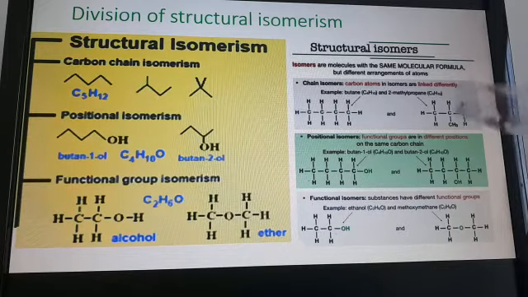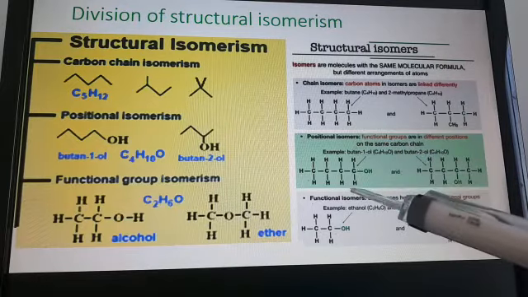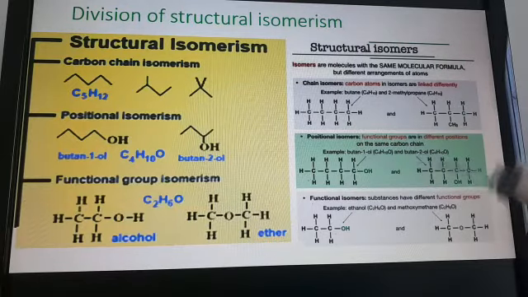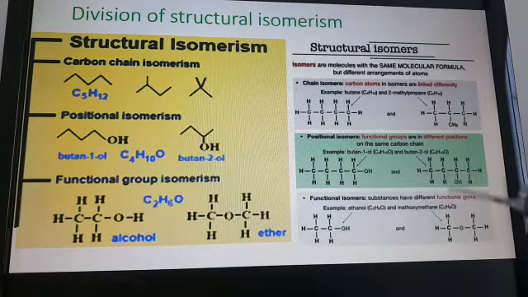And the next one is positional isomerism. This is often included under the general umbrella of structural isomerism. They have the same carbon backbone, but the position of their functional groups is different. See, here butan-1-ol and here butan-2-ol. The OH group is the functional group, and it is placed in a different position.